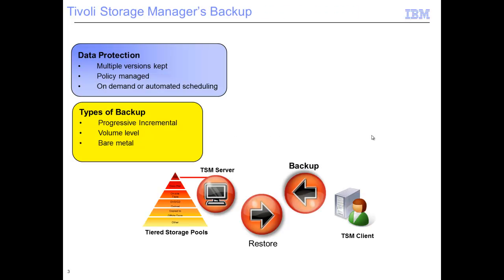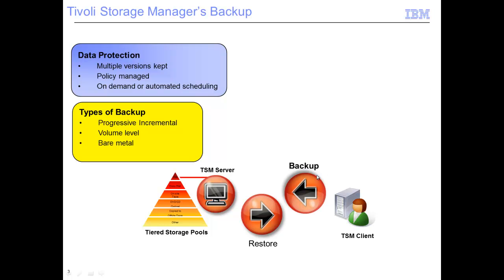The most basic feature of Tivoli Storage Manager is backup. Backup is simply taking files that reside on your workstation, on your laptop, on your server, making a copy of those, sending them over the network, and storing them on another machine, in this case, the Tivoli Storage Manager server.